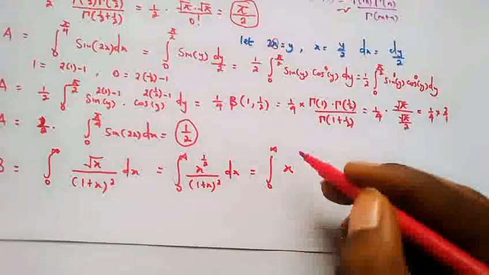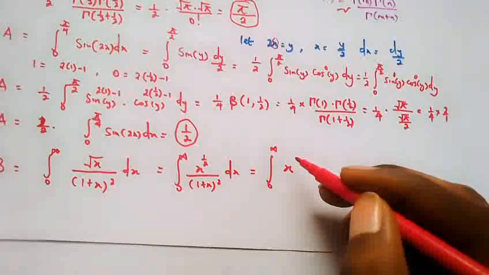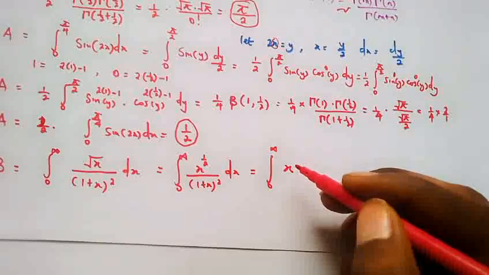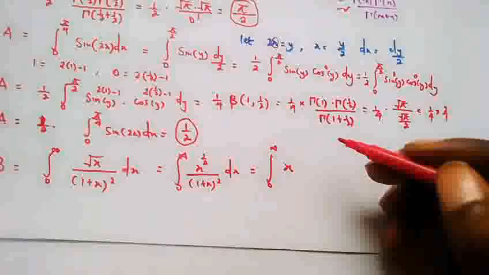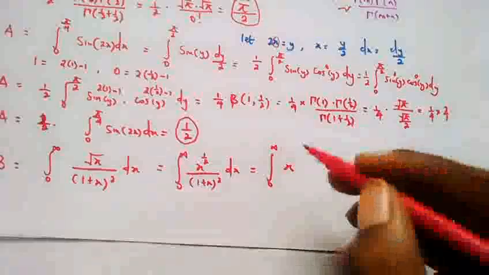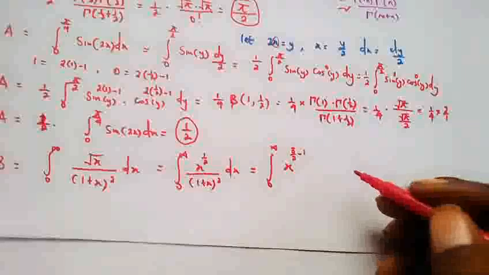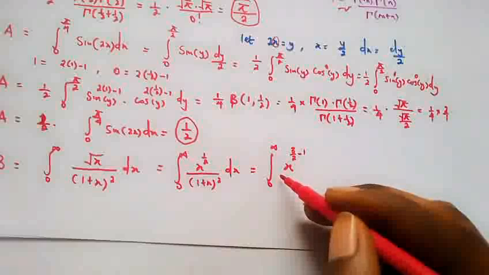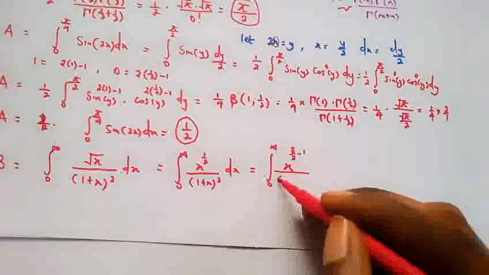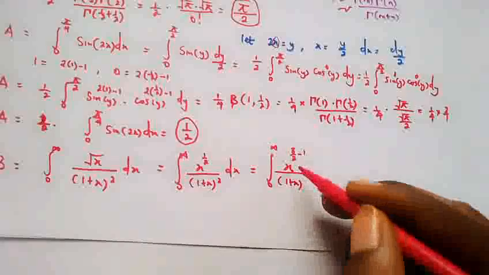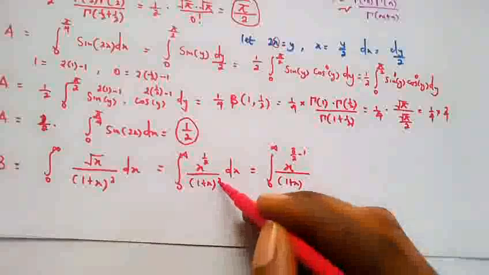And this is equal to the integral from 0 to infinity of x raised to, 1 over 2 here can be written as, how can we write this? As a number subtracting 1 from it, so we can rewrite this as 3 over 2 minus 1, and we have over 1 plus x, so we need to have exactly 3 over 2 plus a number here, which will give us this 2 as power here.